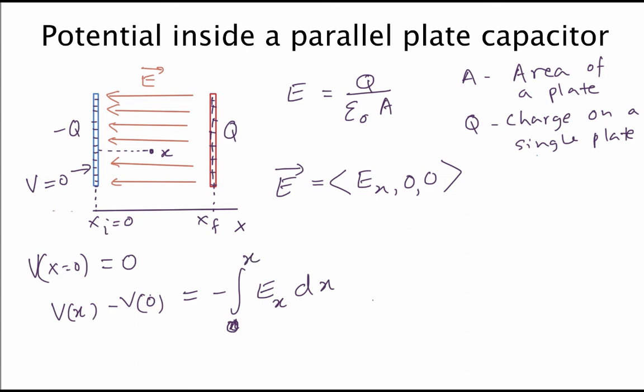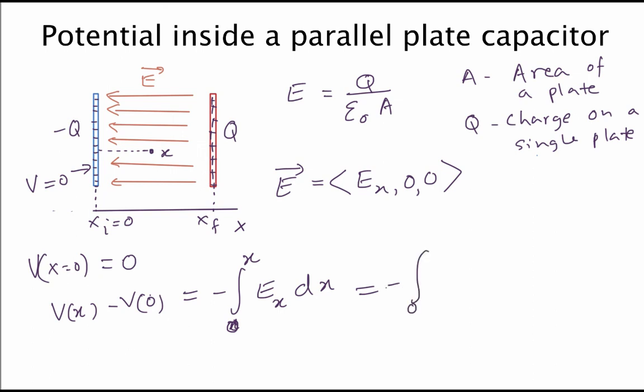Now you remember that you have to pay attention to the direction of the electric field when you evaluate this integral. Here the electric field is in the negative x direction, so you have to substitute the electric field with the negative sign.